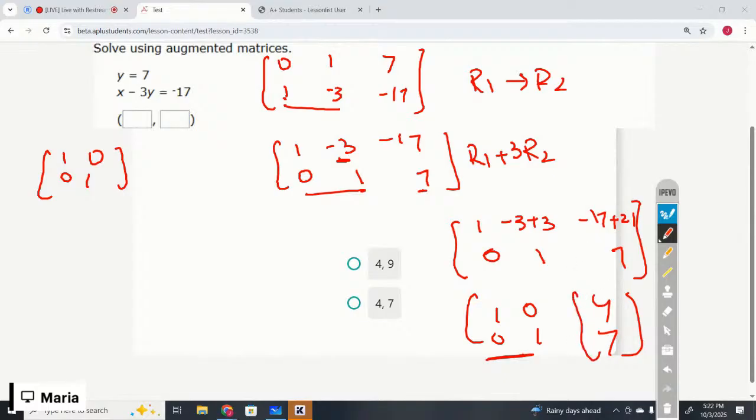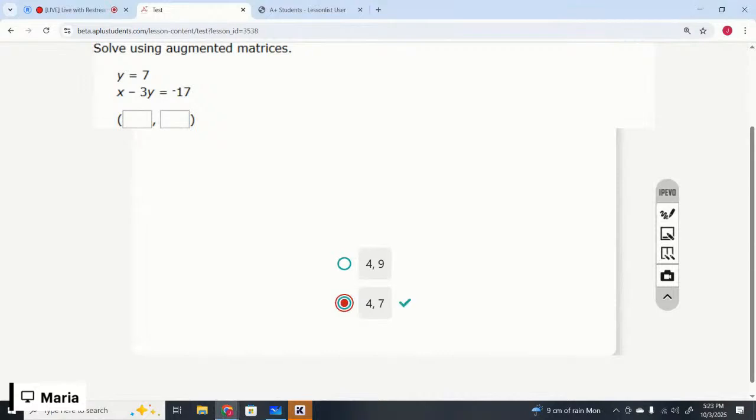So this is the solution: x equals 4 and y equals 7. The correct option is option number 2, that is 4 and 7.